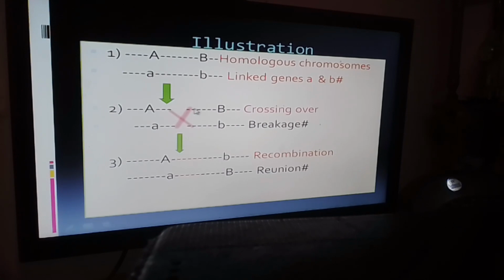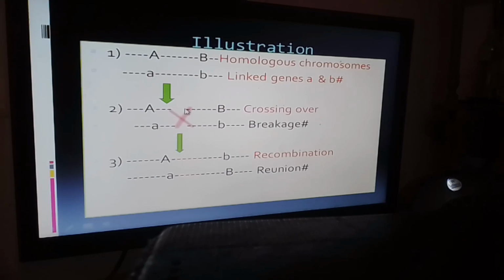During meiosis, there is a possibility for the exchange of segments between the homologous chromosomes, and that may occur between two genes. Here you see capital A, capital B, two genes, and the homologous pair will have, on the same parallel line, small a, small b.